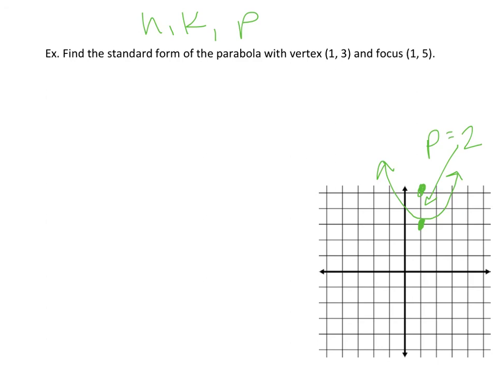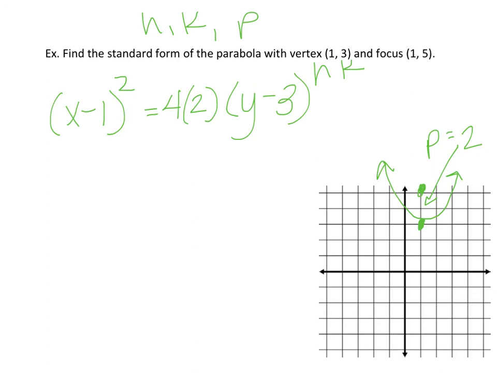H comes from my vertex, and k does as well. So this is going to be x minus h, and it's up and down, so the x part is squared, equals 4p, so 4 times 2, times y minus 3, which is my k. X minus 1, quantity squared, equals 8 times y minus 3. Done.